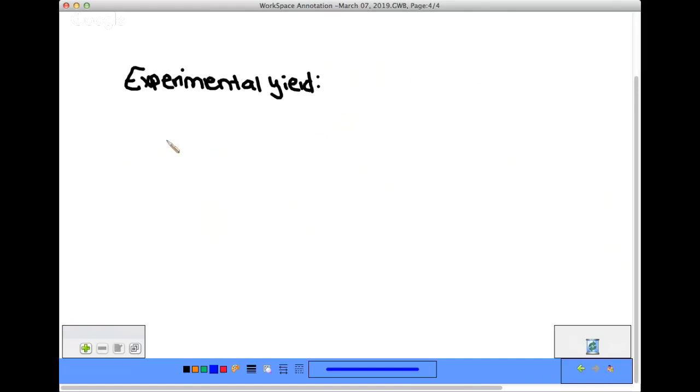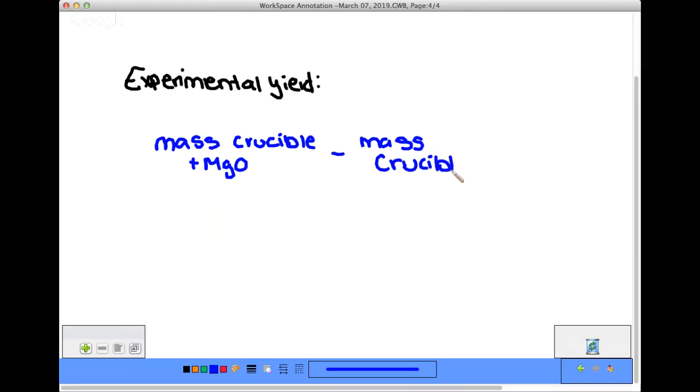We know our mass of crucible and magnesium oxide, and we're going to subtract the mass of the plain crucible. Once we subtract these two, that'll get me the mass of magnesium, excuse me, magnesium oxide that we got from our experiment.